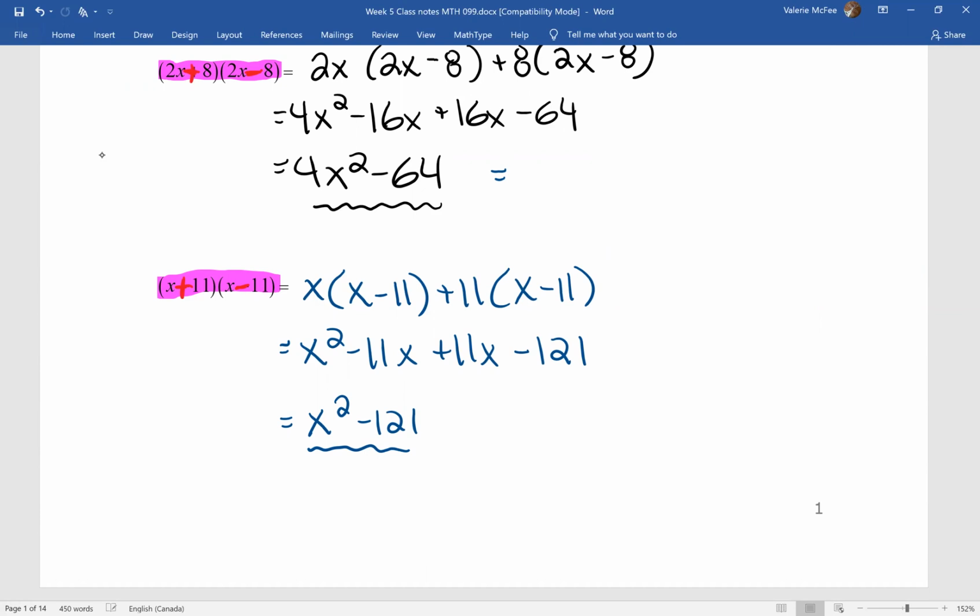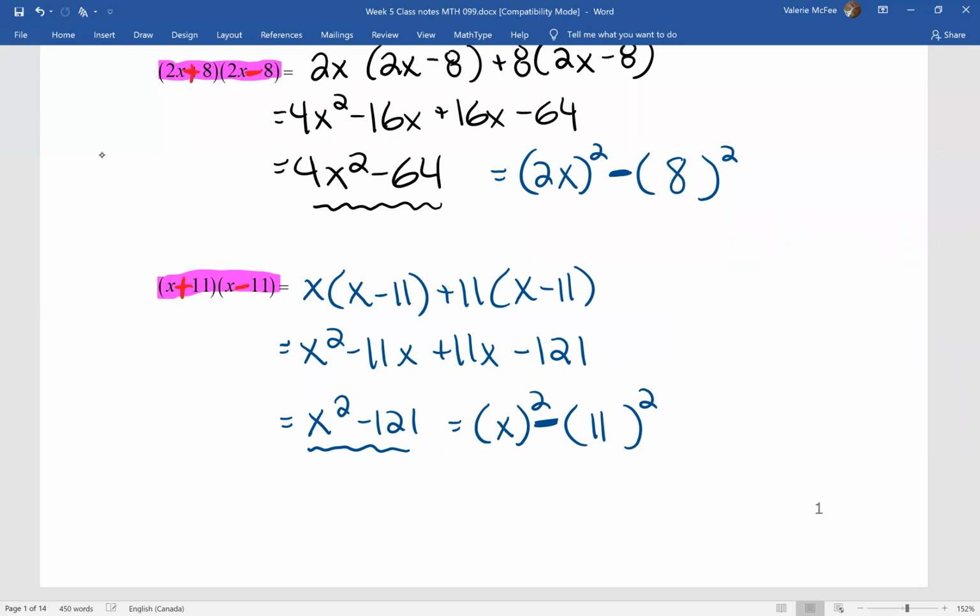Well, a difference because we're subtracting one. A difference of squares. 4x squared could be written as 2x all squared. 64 could be written as 8 squared. Here, a difference of squares, we have x squared minus 11 squared.